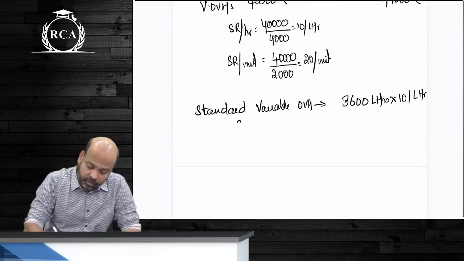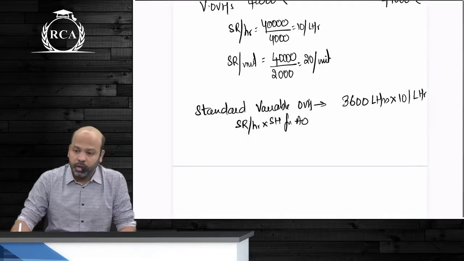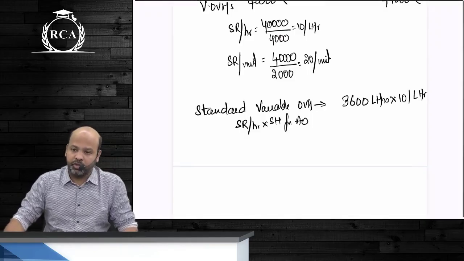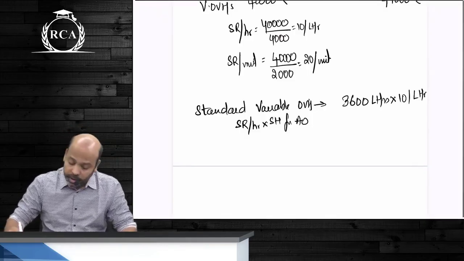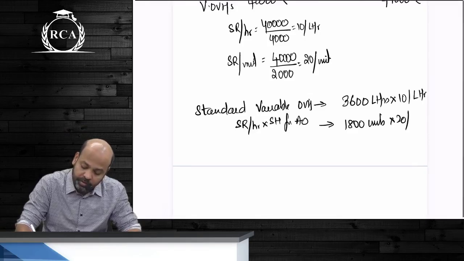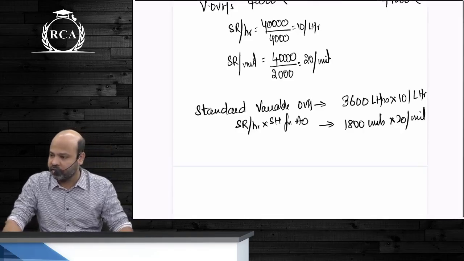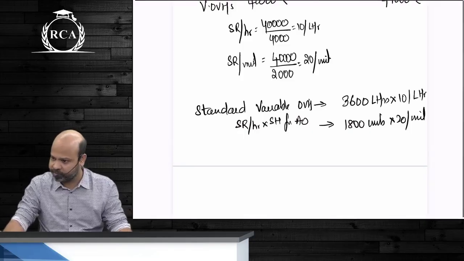It's always standard rate per hour multiplied by standard hours for actual output. You do not multiply by actual hours. If it is based on output, you will write 1800 units multiplied by 20 rupees per unit. The answer can never change because the standard relations do not change, actual relations change.